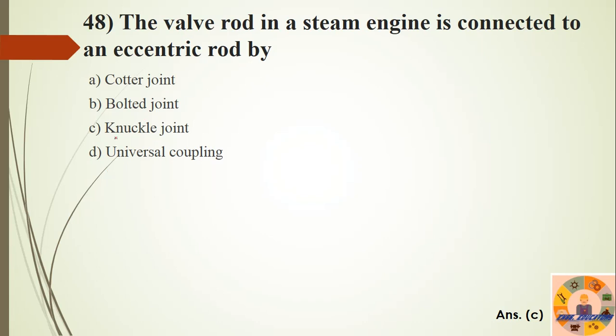The right answer for this question will be option C, knuckle joint, because we know the cotter joint or socket and spigot joint is used to connect two coaxial rods, not shafts. It is used to support axial loads between two rods.